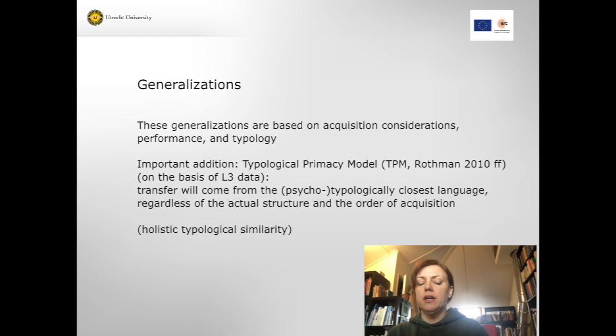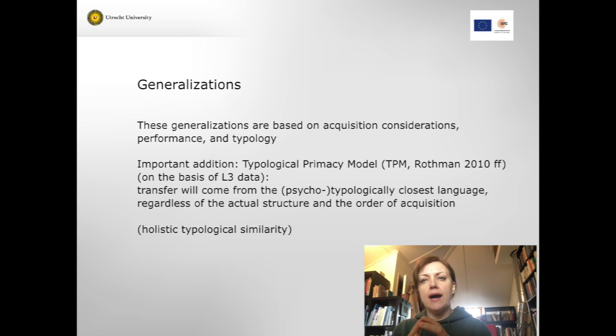In particular, the typological primacy model that Rothman developed needs to be mentioned because it really captures a lot of generalizations. And it is based on the idea that transfer will take place between languages that are perceived as typologically similar.